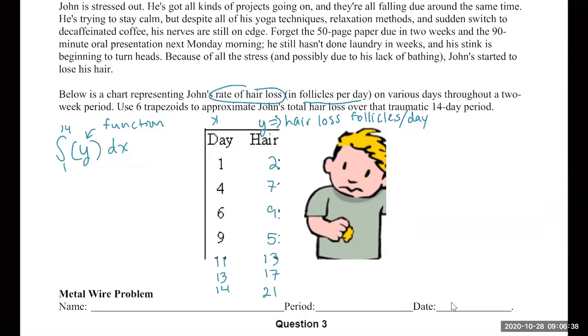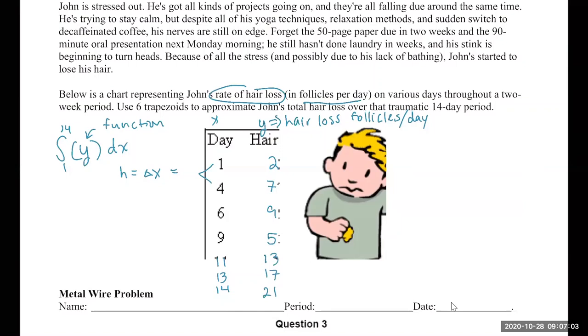And remember that this change of x represents the height of each one of those trapezoids. So if they want me to approximate this using trapezoids, the trapezoids are not going to be equal. So I can't simply do what I did on the trapezoidal rule, where I take 15 minus 1 and divide it by however many intervals they want.